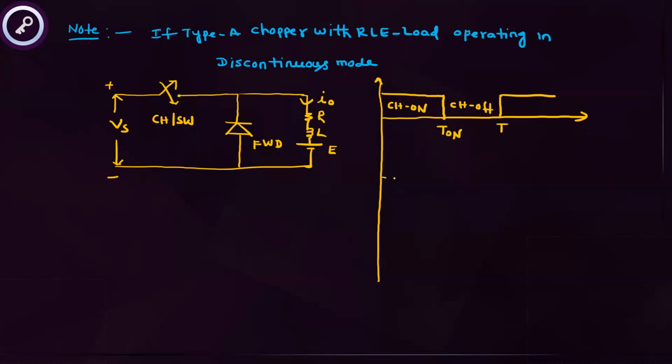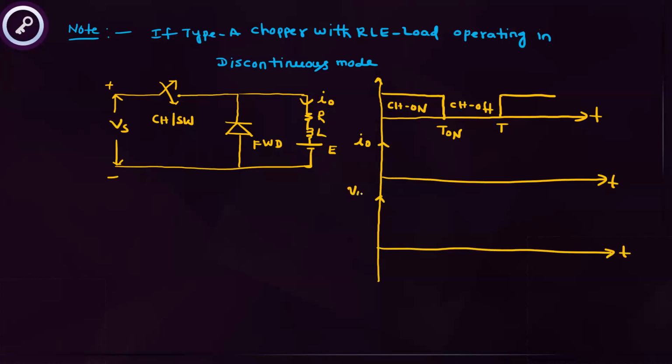Now I'm drawing the current waveform separately. This is the current waveform. And I'm also drawing the output voltage wave. Yes, friends, concentrate. During chopper on, it is a discontinuous mode, so the current starts from 0 and is rising.